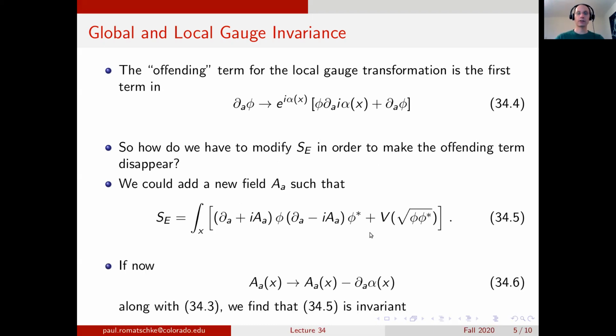And if we, in addition, require the field A to transform in the following way, so that under the gauge transformation, A goes to A minus the derivative of alpha, and we use the same gauge transformation for the field phi, we find that the combination of these two transformations is such that the offending term in the derivatives just cancels, and the resulting action is now invariant under the local gauge transformations.